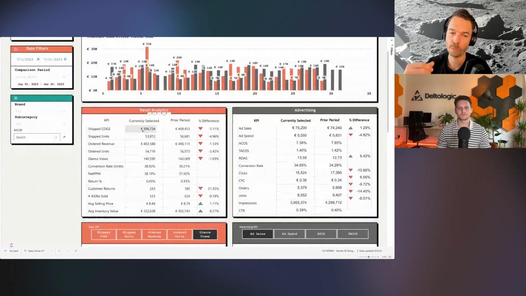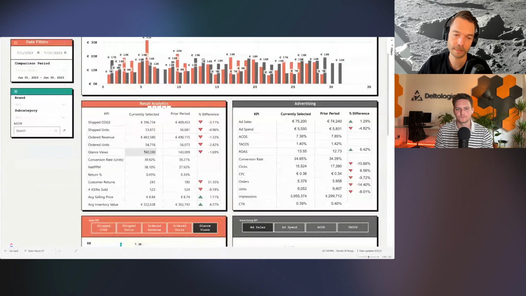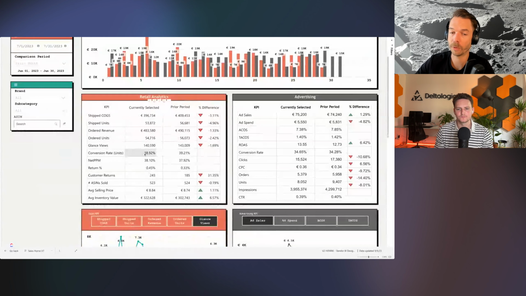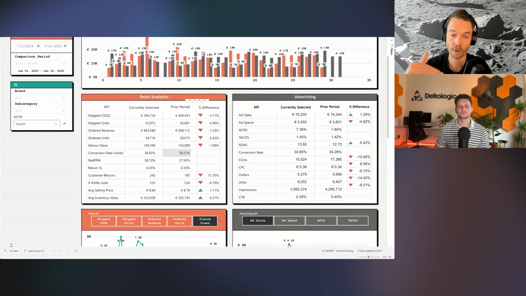This is how I know what the sellout is. Then I'm looking at glance views. This tells me what the traffic on my products is. And then I tend to look at the conversion rate. This is something that you don't have anymore in retail analytics, and that's why I thought it's so important to bring it back, in order to understand if we have issues with certain products. This helps me identify if I have issues with top selling products.